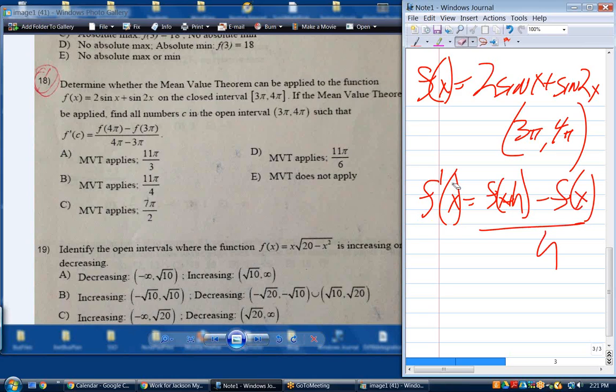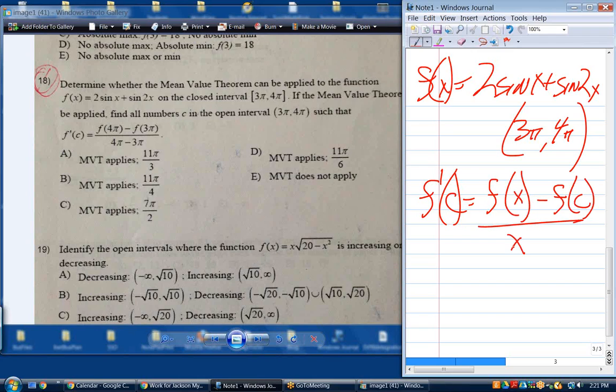But there was also an f prime of c, which was equal to f of x minus f of c all over x minus c, I believe.